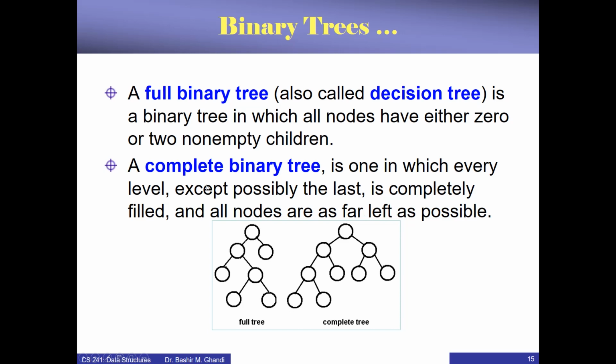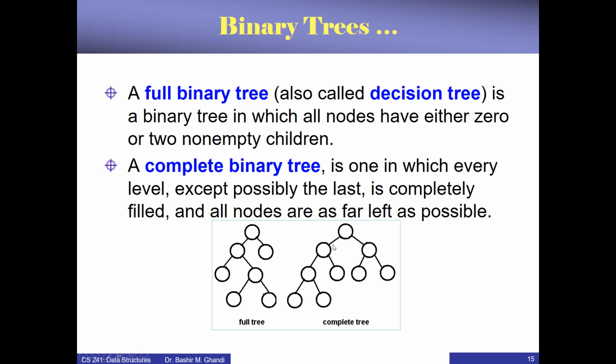So every level is filled except possibly the last. There's an exception here. However, even on that last level, the nodes that are there should be on the left.